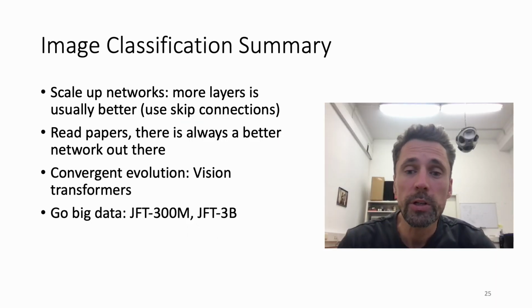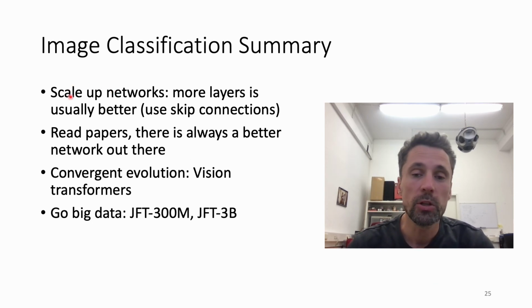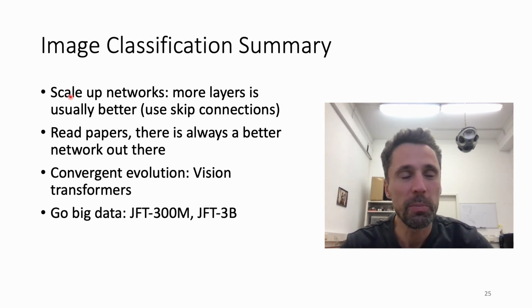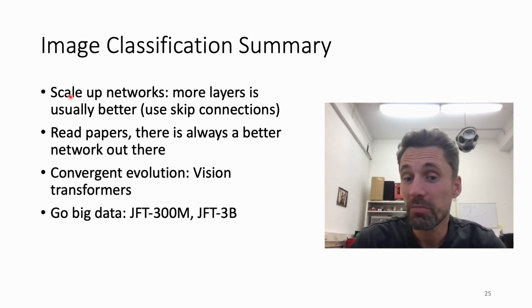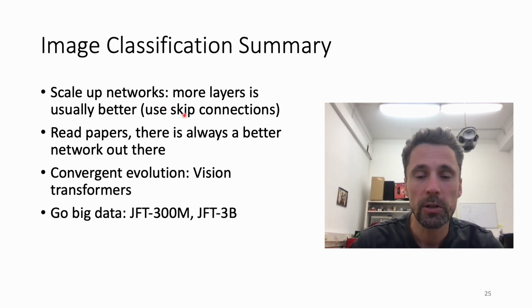Okay, last few words with regard to image classification networks. We've seen that it actually works to go deeper and deeper. We can scale up networks, have them bigger and bigger, with more parameters, and they get better. However, you should be using skip connections. You should be using modern architectures.